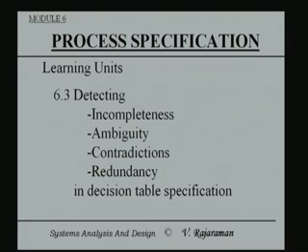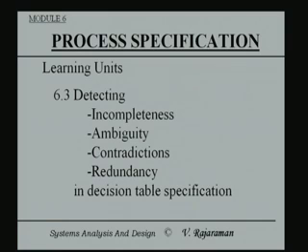Also, when you come up with a process specification, you must be sure the specification is not incomplete. Completely, whatever is given in the write-up has been followed and nothing has been left out, and there is no ambiguity. Sometimes written English will have some contradictory specifications, and those have got to be checked before it goes to a computer.